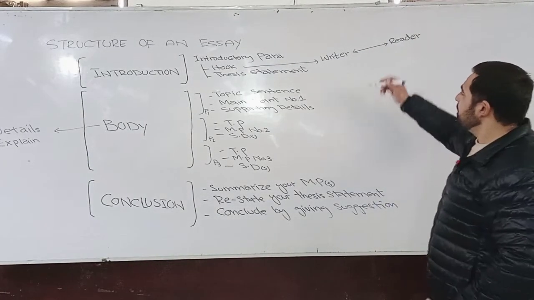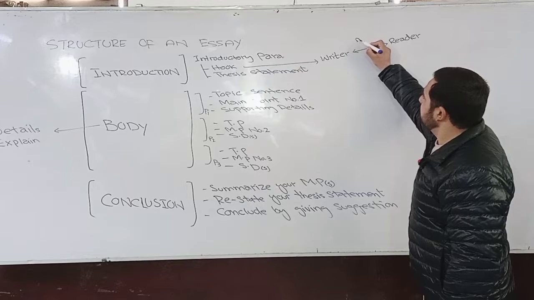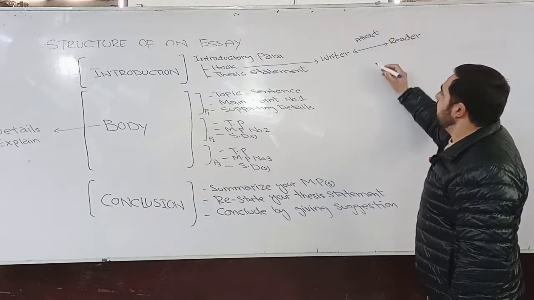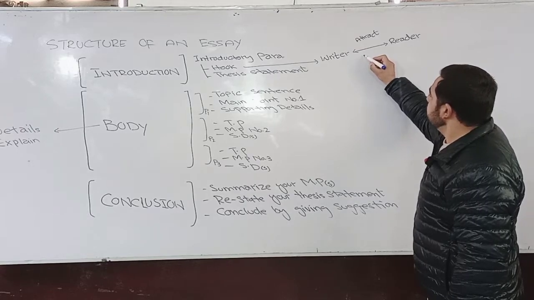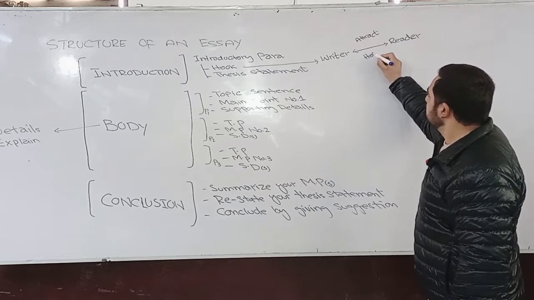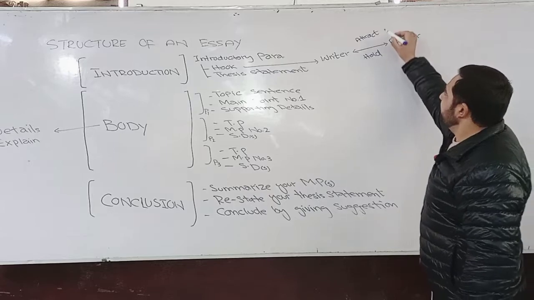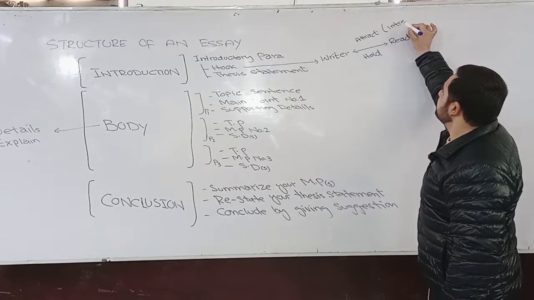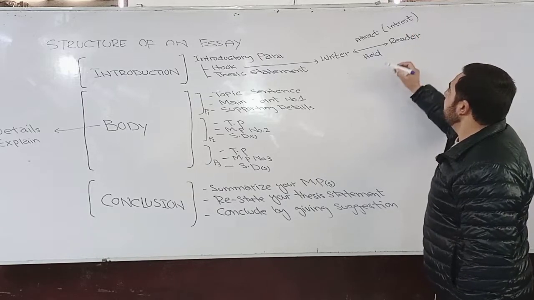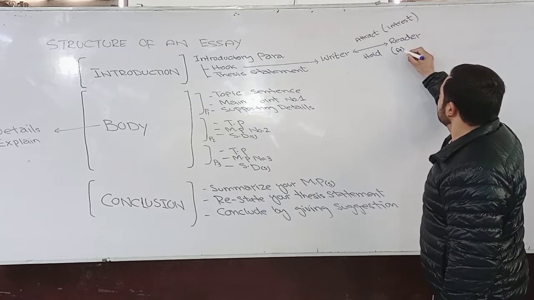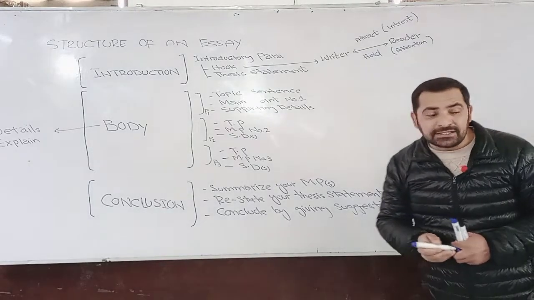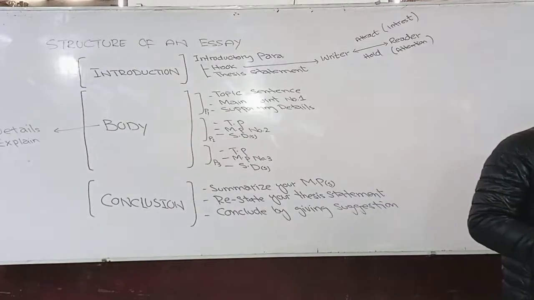By hook we mean to attract, and at the same time to hold. To attract what? To attract the interest of your reader. To hold the attention of your reader. Now this is a difficult job.